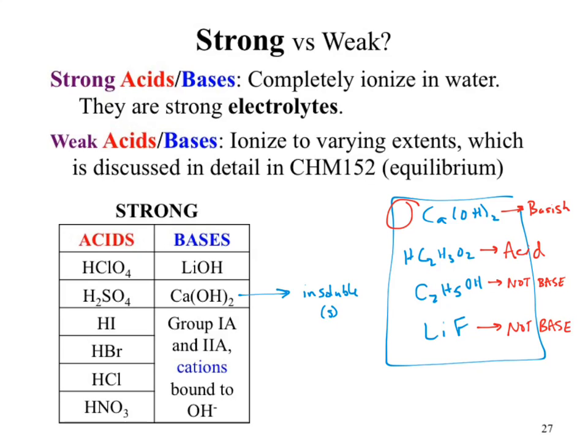But what happens if we add one more answer choice? What is NaOH? Sodium hydroxide, which absolutely fits our strong base category. So now, given the choice, what's our answer?